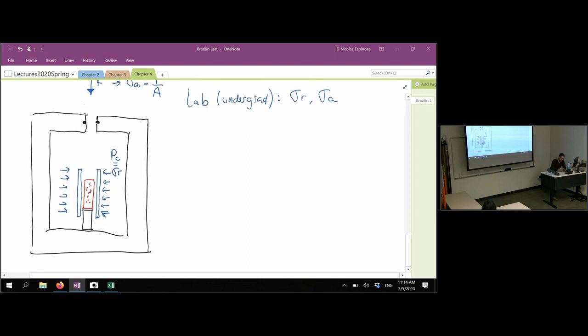Okay, so very similar to what we had before, but the load cell is going to be here. Let me see.